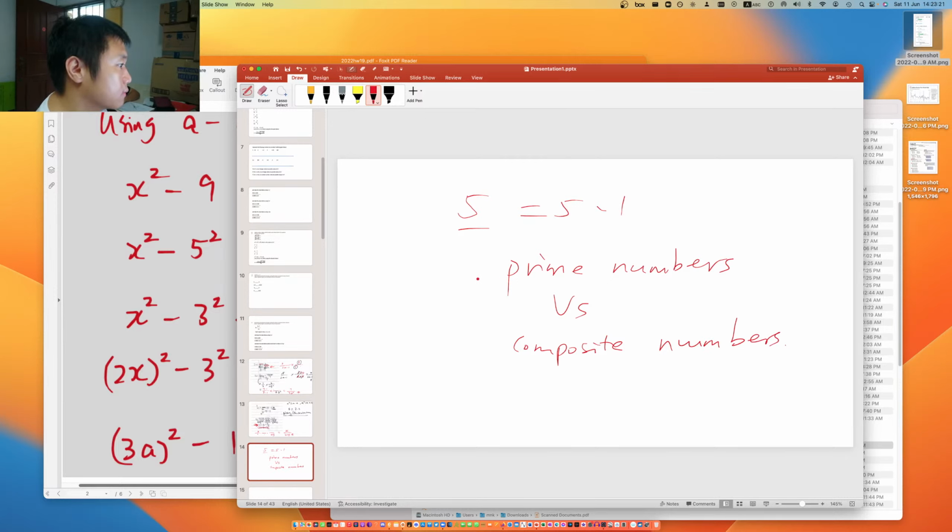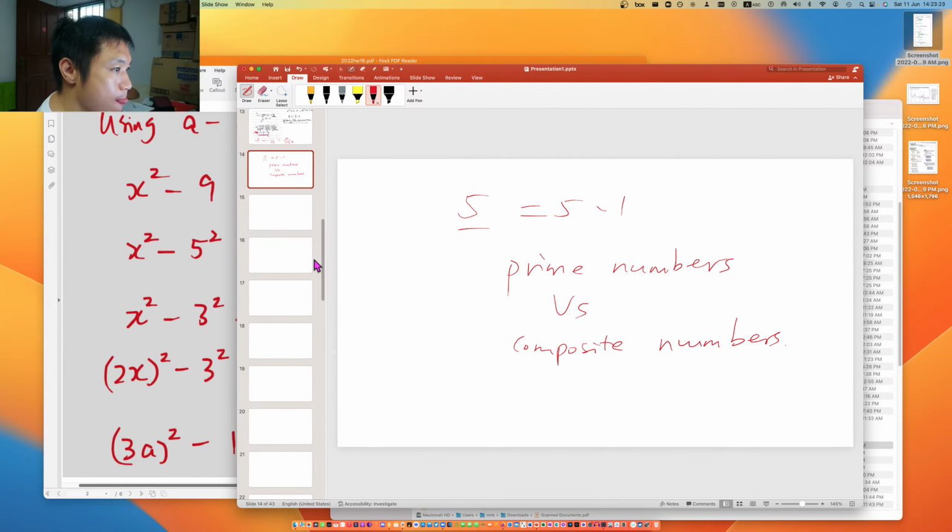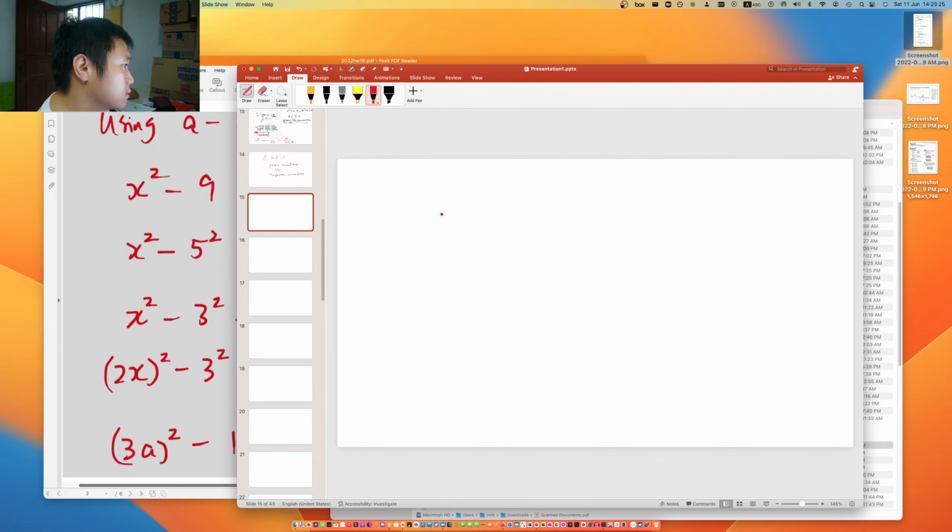Let me give you an example. Prime numbers 2. 2 can split to 2 times 1, right? So 2 is itself, 1 is 1.